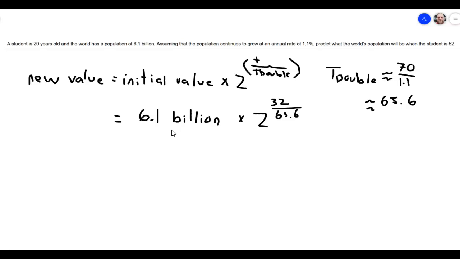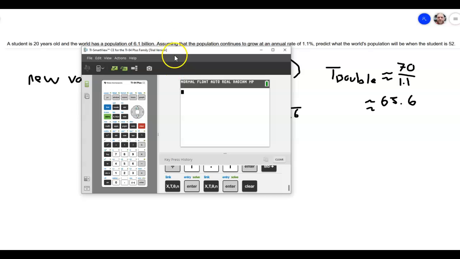So that's 8 total zeros behind this, moving the decimal place 9 places if we wanted to convert it to a number. But we can also just leave it like this, 6.1 billion, and adjust it once we calculate. So that's what I'm going to do here.